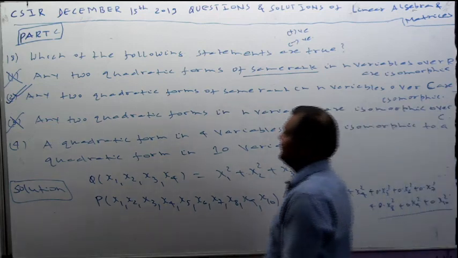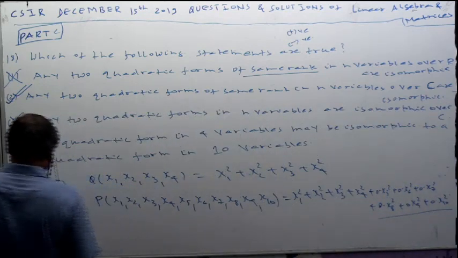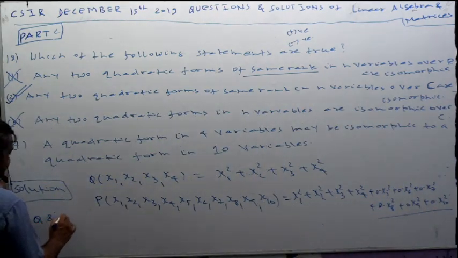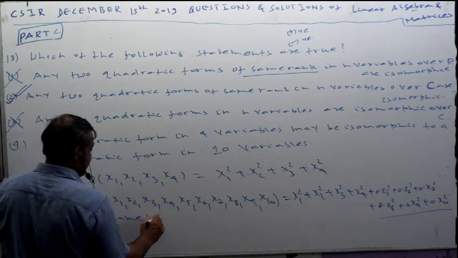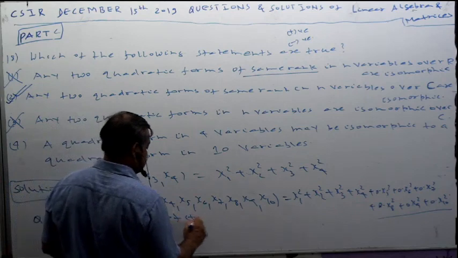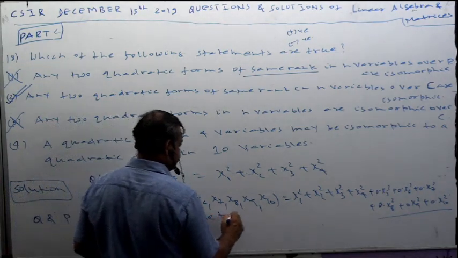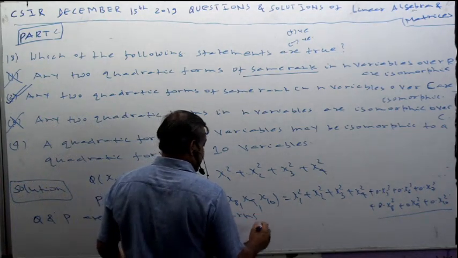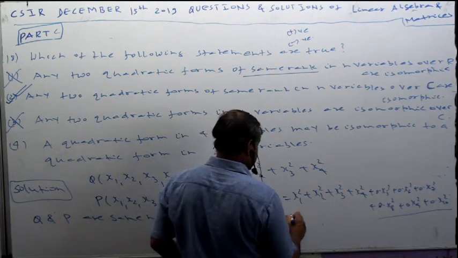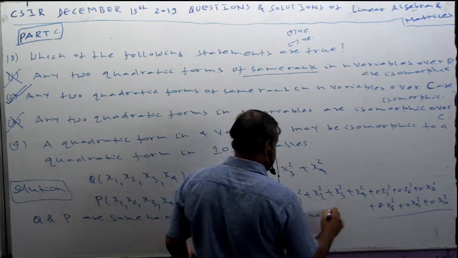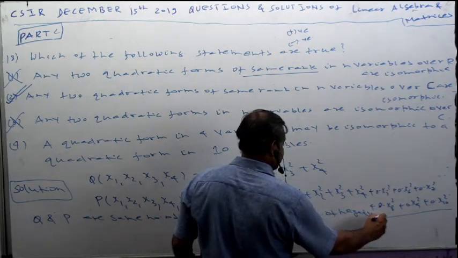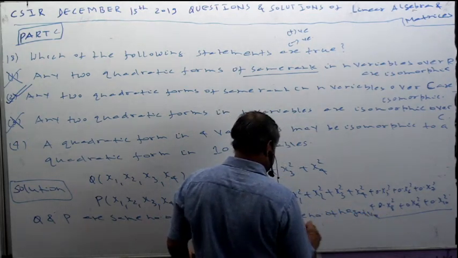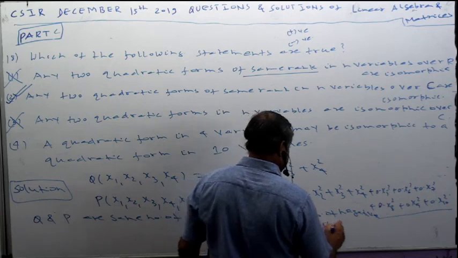Then do you know Q and P have same number of positive terms and same number of negative terms in their canonical form.